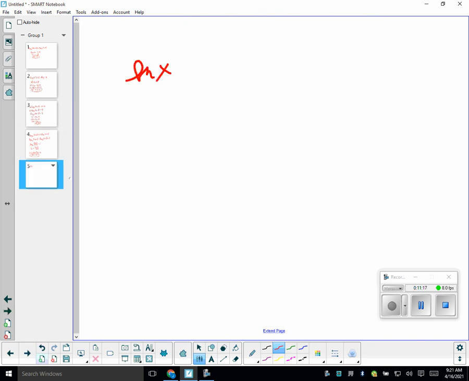That's ln of x plus ln of x minus 4 is equal to ln of 3x minus 10. In order to get rid of ln, which is log, I have to have 1 on each side.